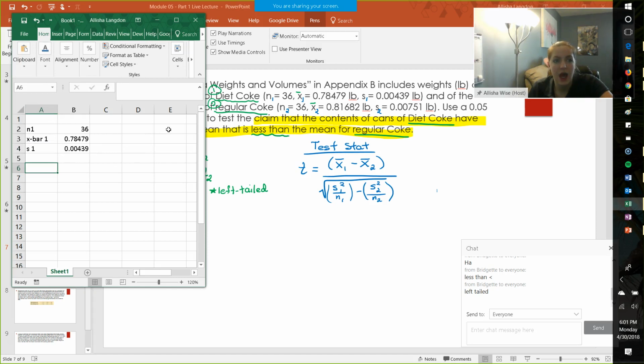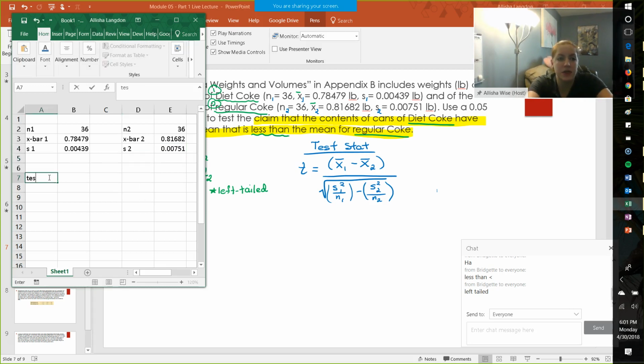That's okay. Then I'm going to do something a little different. I'm going to jump over so I can write n2, so I don't confuse the two. 36. x bar 2 is 0.81682. And s2 is 0.00751. Okay, let me double check I got those all in correctly.